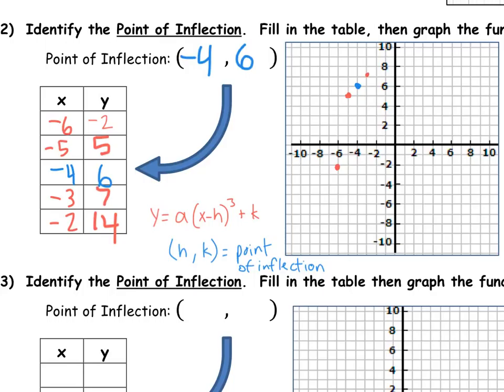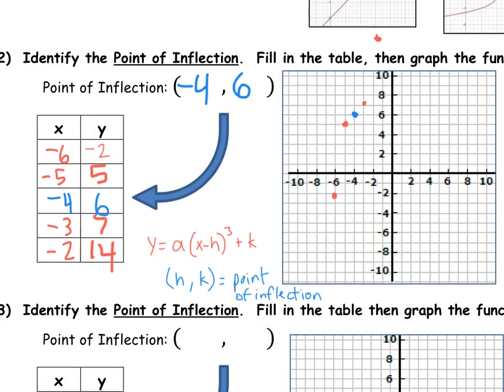And negative 2, 14 is somewhere off this grid, somewhere very high up there. Once we've drawn that, we can connect the dots, and we know that we have a graph that looks somewhere like that, where negative 4, positive 6 is our point of inflection.